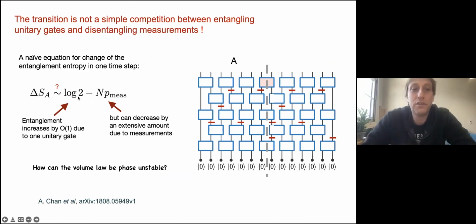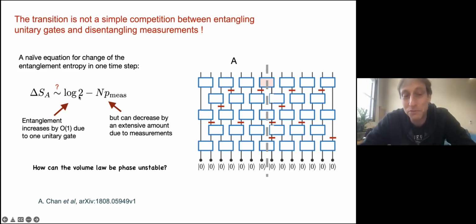Well, okay, so this argument is wrong. I want to say this argument here is not correct, and I'm going to say what the fallacy is. Actually, the first paper we published on this was to show why this argument is not correct and what does enable a phase transition in this case.